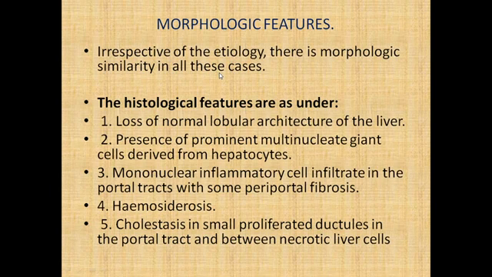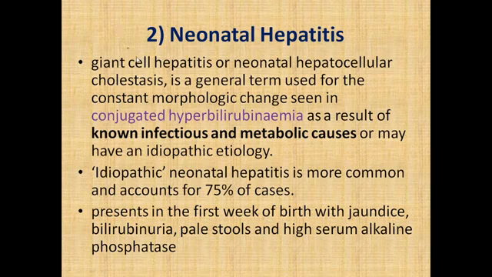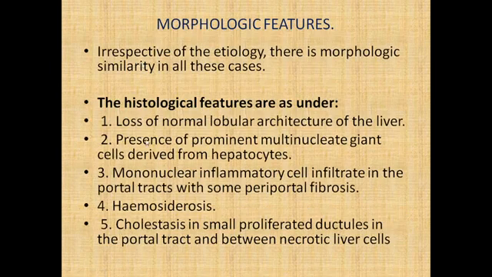What are the morphological features? Irrespective of the etiology, whether metabolic, infectious, or idiopathic, the histological features are the same. First feature is loss of normal lobular architecture of the liver. Second, presence of prominent multinucleated giant cells derived from hepatocytes, so it is also known as giant cell hepatitis.